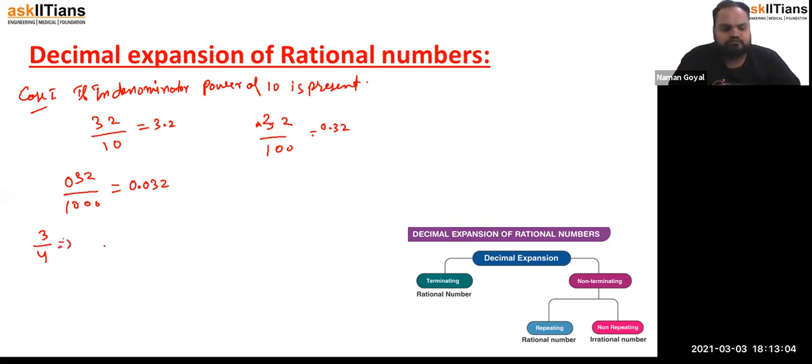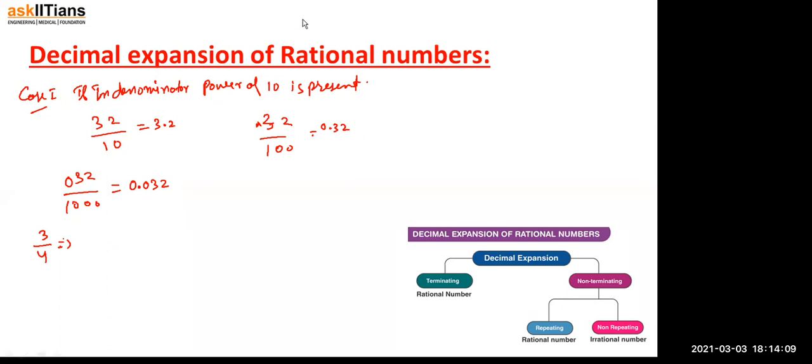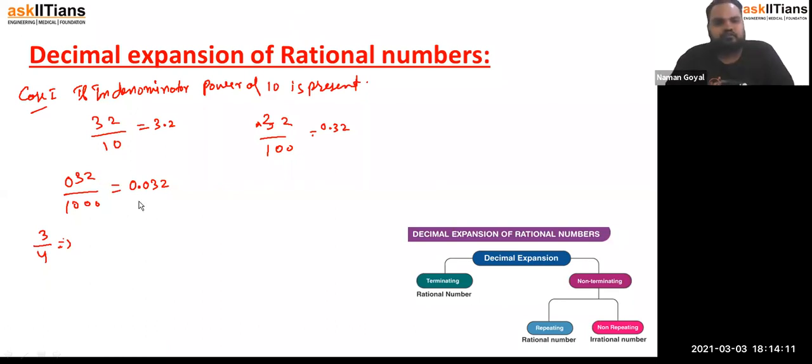Let me show you. 3 is going to be divided by 4, so 3 comes here and 4 comes here. Since this number is less than this number, I put a point, 0 point. Now 0 comes here, and now we do simple division.